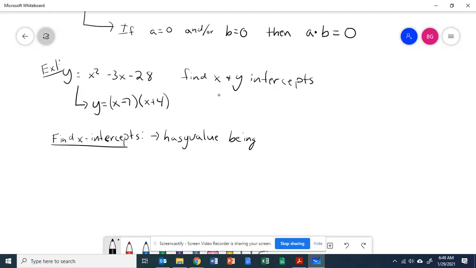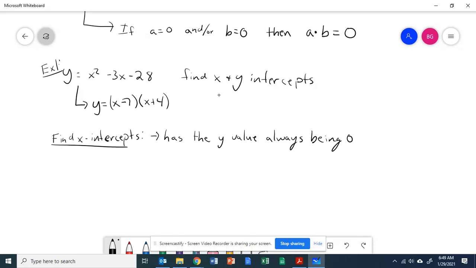So that's the key thing with these. That's the idea that we're going to need to use, as the y value is always being 0. So if the y value is 0, that's what we know in this equation we're going to need.